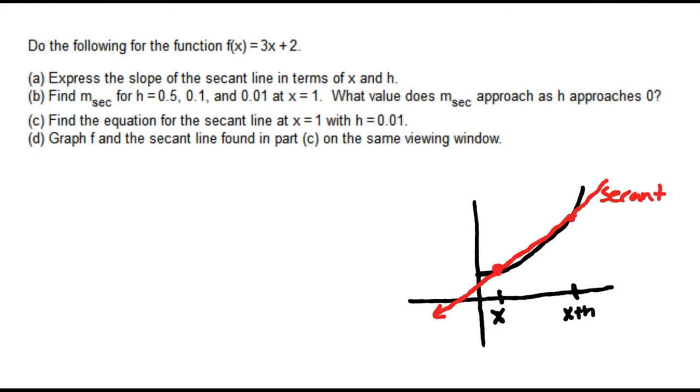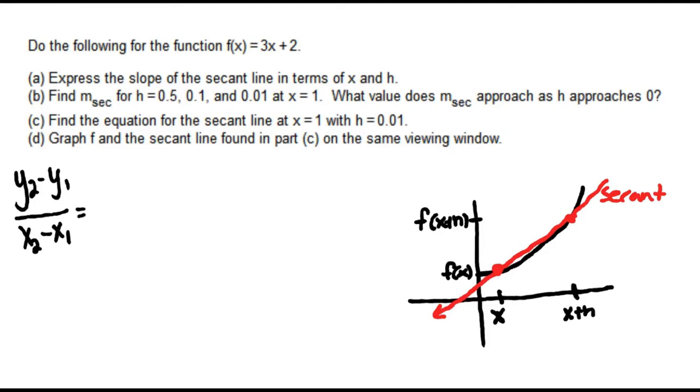Now the y values that go with those points would be f of x for this first one here, and f of x plus h for the second one. Now we're interested in finding the slope of that secant line. We have a formula for calculating slope of a line that's y2 minus y1 over x2 minus x1.